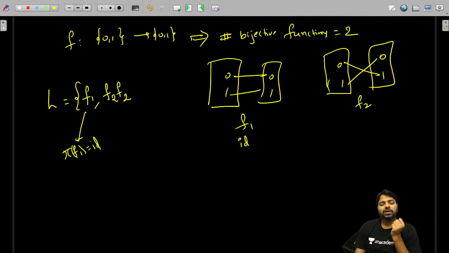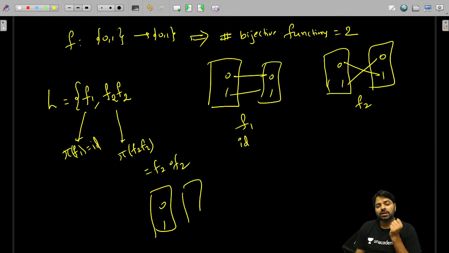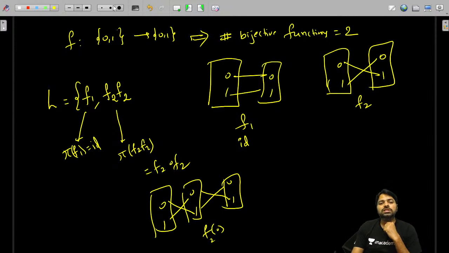F2, F2. If you do phi of F2, F2, which is nothing but F2 composition with F2, you can see 0, 1 and 0, 1. And if you do composition, then you will get F2 circle, that is F2 composition with F2.